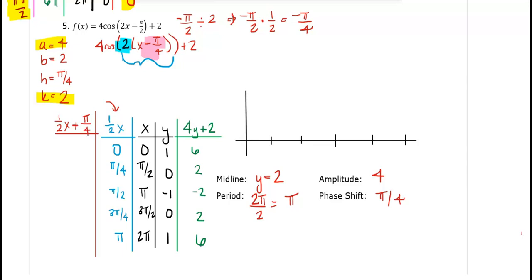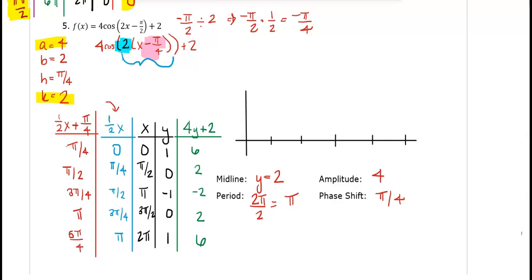In this case, 1/2 of x was 0. So 0 plus pi over 4 gets me pi over 4. Next one, pi over 4 plus pi over 4 gets me pi over 2. Pi over 2 plus pi over 4 is 3 pi over 4. 3 pi over 4 plus pi over 4 is just pi. And pi plus pi over 4 is going to get me 5 pi over 4.